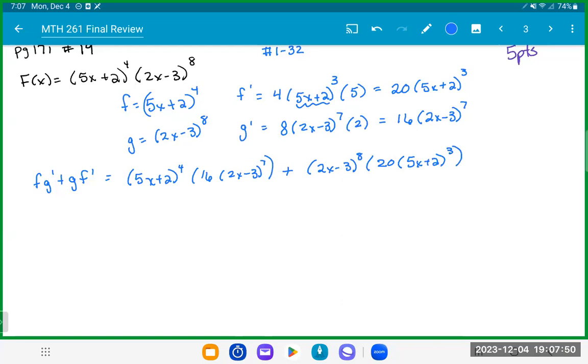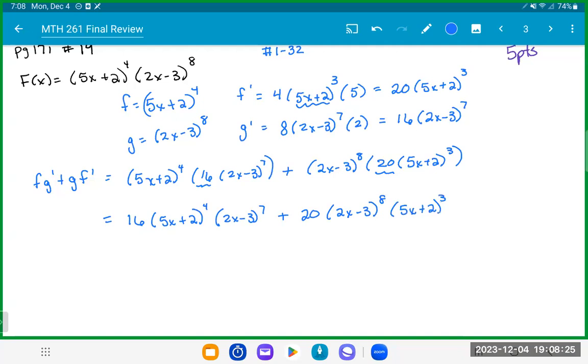Okay, so now let's just move the constant to the outside, right? So we have 16 times 5x plus 2 to the 4th, 2x minus 3 to the 7th, plus 20, 2x minus 3 to the 8th, 5x plus 2 cubed.